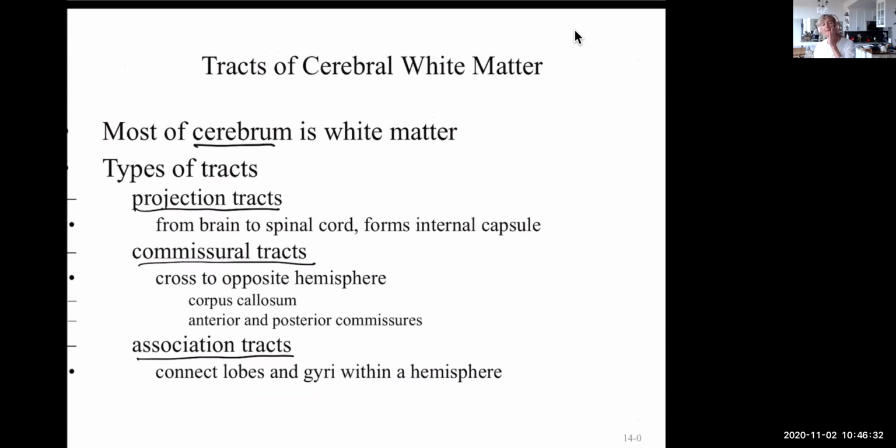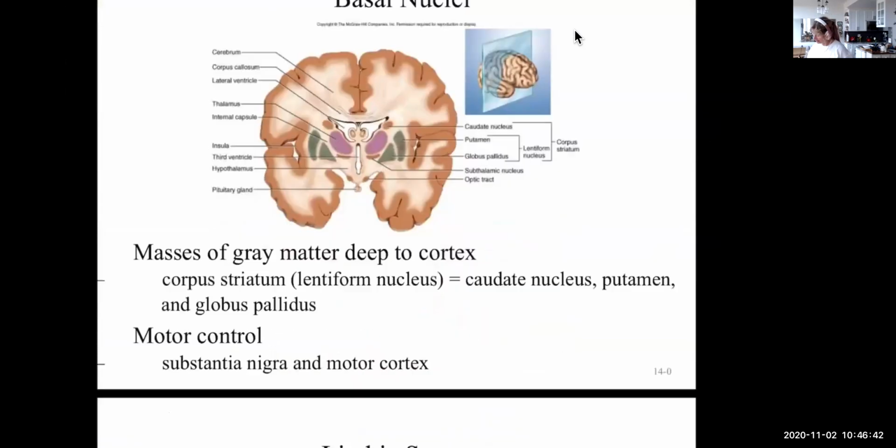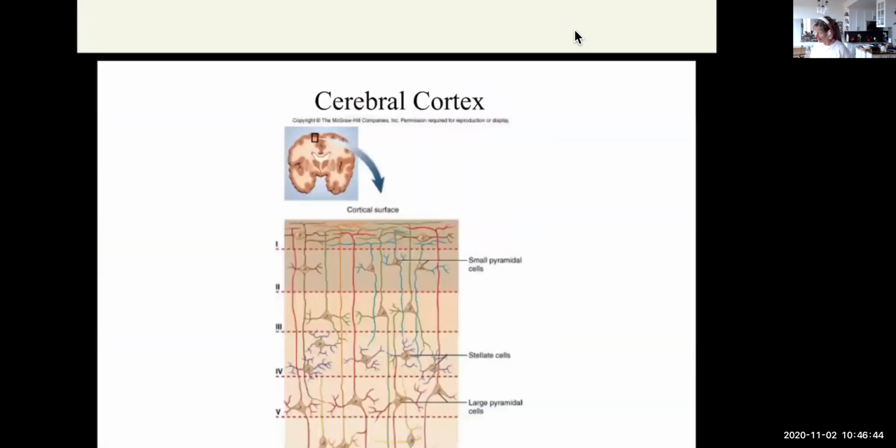One problem with the brain is known as fetal alcohol syndrome. I don't seem to have that slide here, so I'll just write a few things about that.